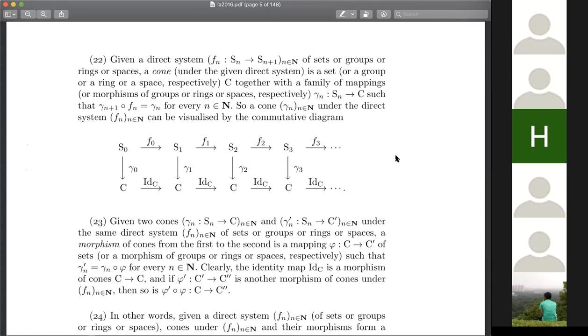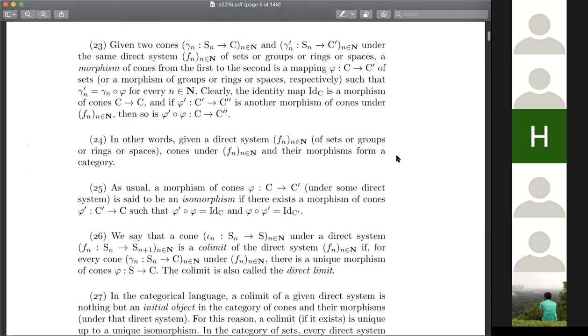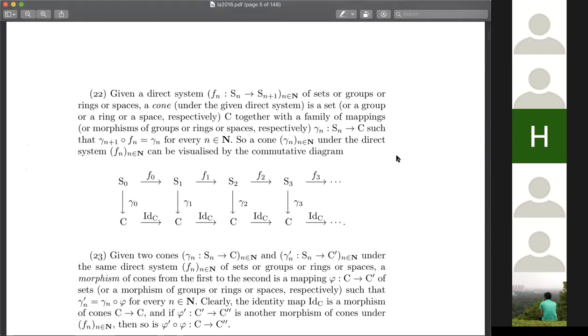Now, if you have two cones, just as there, we had a category, then we have the category of inverse systems of that category. And I fix an inverse system, then I have the category of cones over that inverse system.